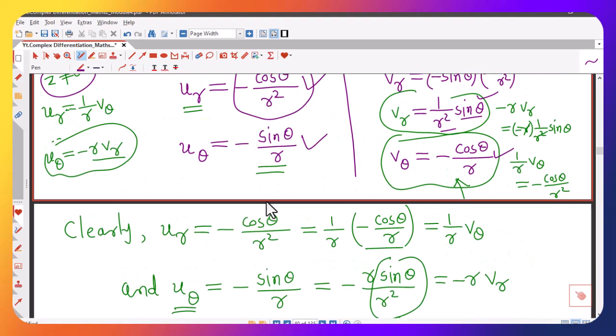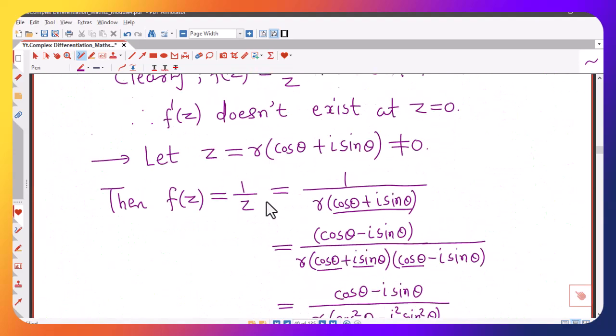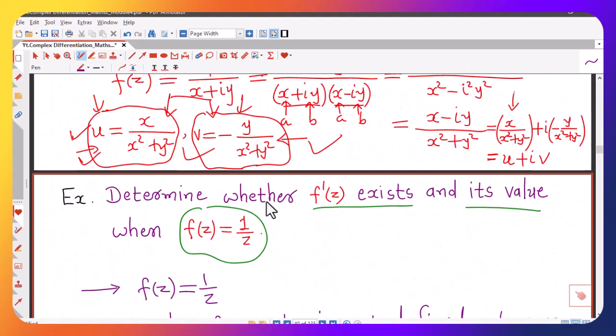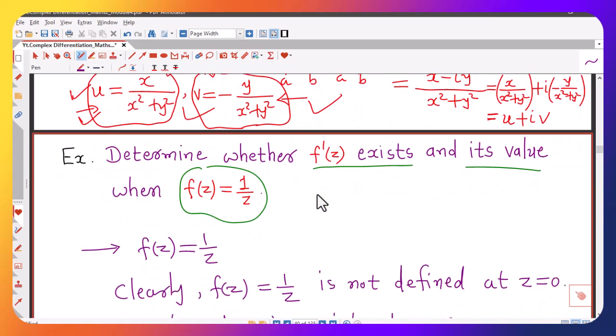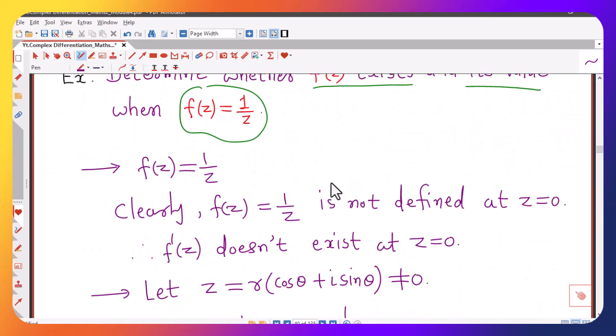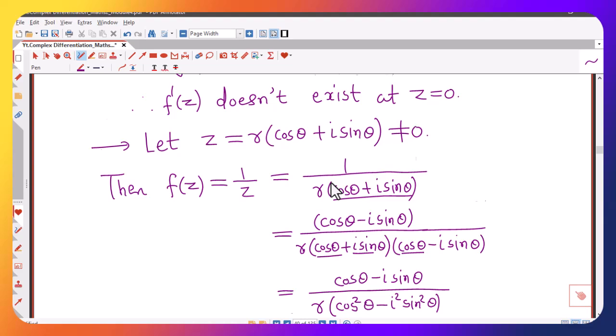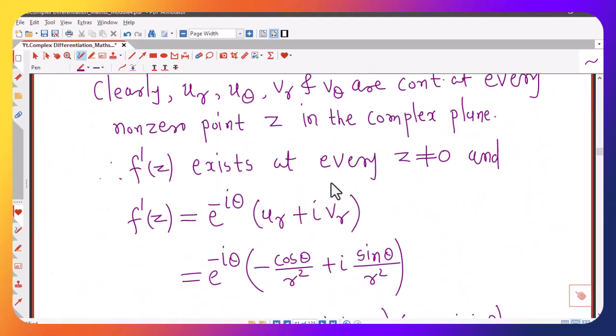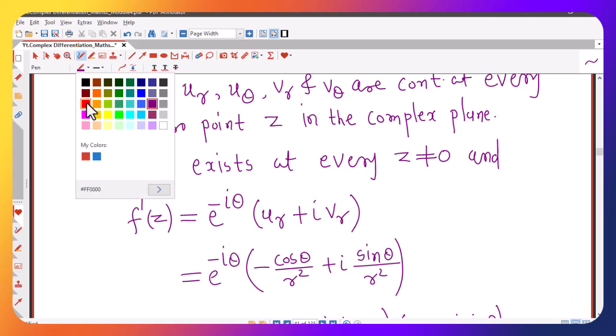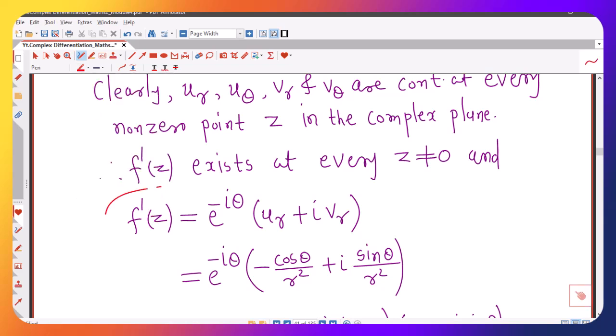So you can see we can use CR equations in polar form also to find out whether given function is differentiable at a given point, and we can find value of derivative using formula of derivative in polar form. We have used this formula of derivative in polar form to obtain the derivative.